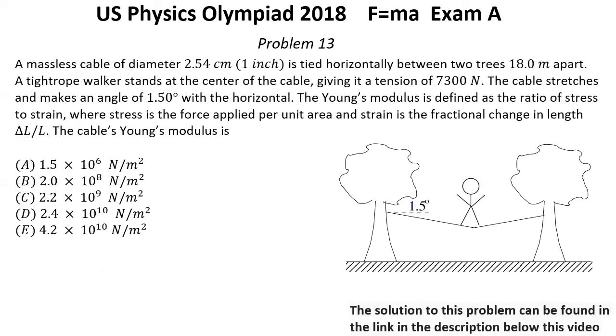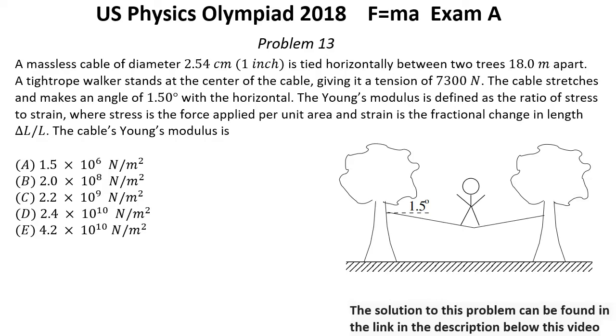Problem number 13. A massless cable of diameter 2.54 centimeters, which is 1 inch, is tied horizontally between two trees 18 meters apart. A tightrope walker stands at the center of the cable, giving it a tension of 7,300 newtons.